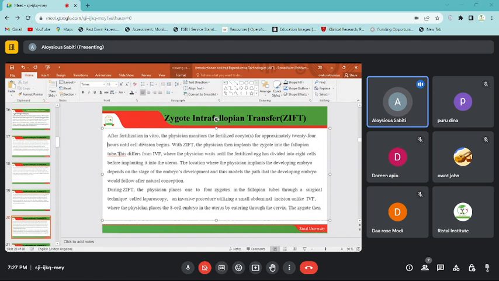During the ZIFT, the physician places 1 to 4 zygotes in the fallopian tube through a surgical technique called laparoscopy, an invasive procedure utilizing a small abdominal incision, unlike IVF, where the physician places 8-cell embryos in the uterus by entering through the cervix.